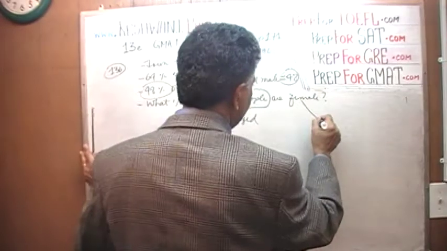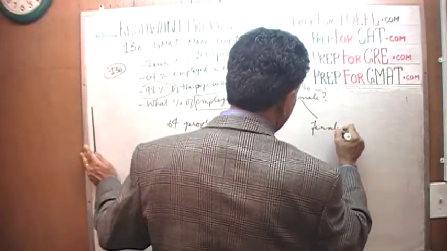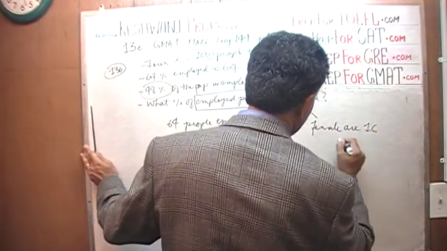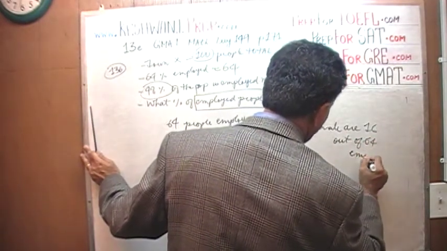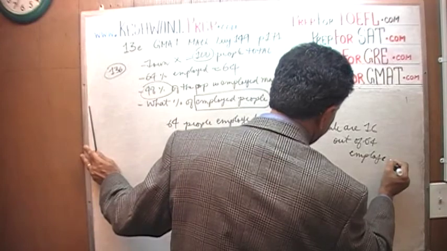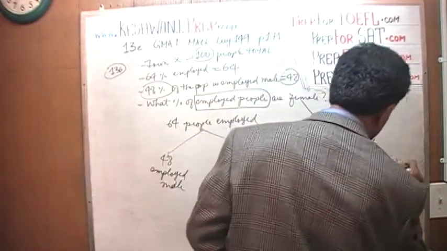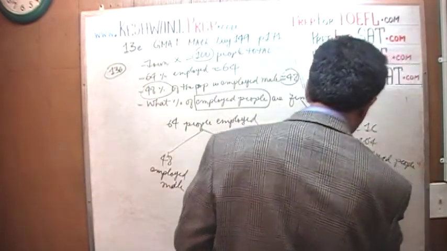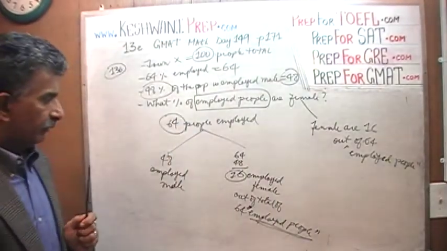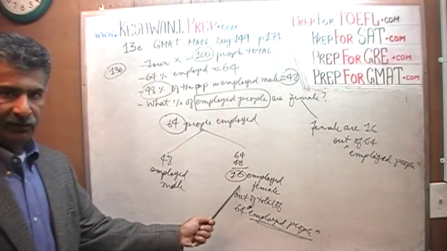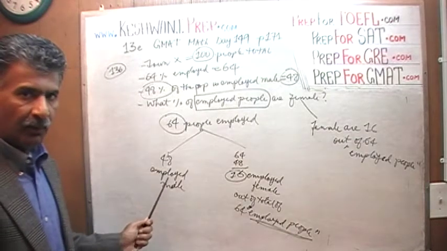Well, female are 16 out of 64 employed people. Out of 64 employed people, female are 16. The remaining 48 are employed male.